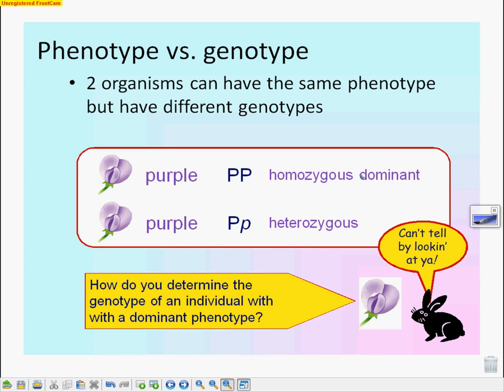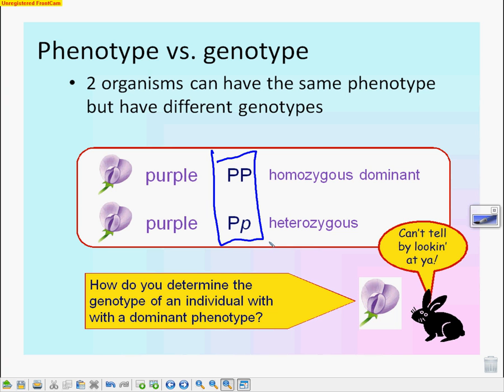So it's possible, if we look at this whole phenotype-genotype thing, that an organism can have the same phenotype but two different genotypes, and that happens in the case of the purple flowers. We know that this flower is purple, but unless we know for certain some information about the parents, and even at that, we may not be able to determine what their exact genotype is, I'm sorry.